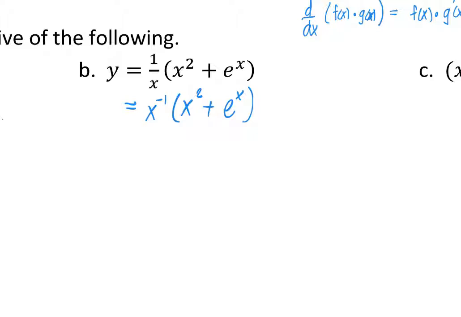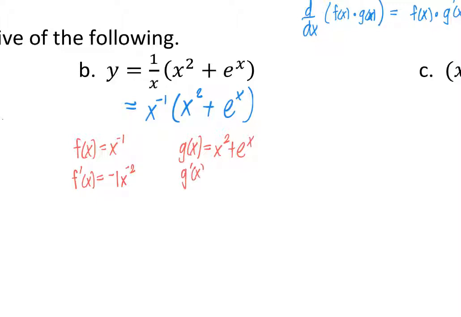So let's just do this in a different color. F of x, so the first function is x to the -1. The second function is x squared plus e to the x. Okay, the derivative of the first function is, okay, the power rule. So I bring the -1 out front, and I raise x to the power of -1 minus 1, which is -2.